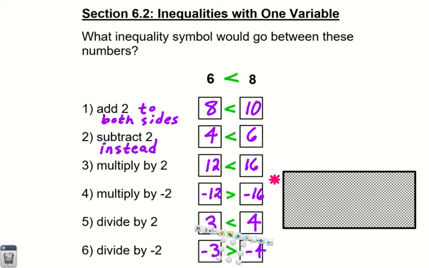Tricked you again, because -3 is greater than -4. -3 is not as small as -4. Again, think of the number line. Which one's more left? It's not -3. So -3 is greater than -4.